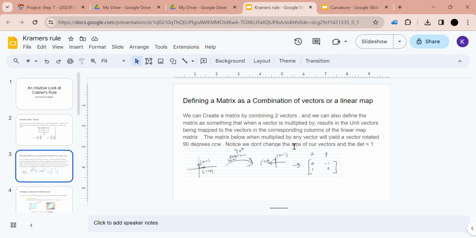So say my vector was (5, 0), so 5x and 0y, we'd get mapped to (0, 5), right? And I mean that is a 90-degree counterclockwise rotation. And that's what I mean by defining a matrix as a linear map.